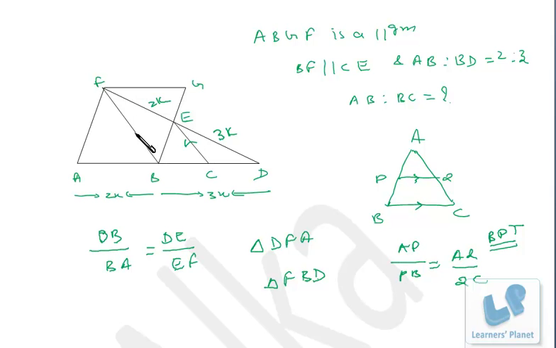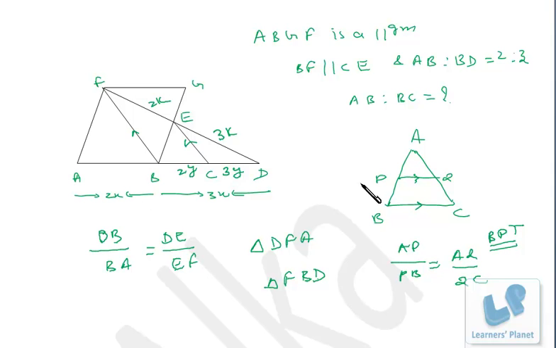This line and this line is parallel. So DE by EF is equal to DC by CB. So DC by CB will also be in the ratio 3:2. Not necessarily k will be the HCF, but DC by CB will be in the ratio 3:2. So I assume this is 3y and this is 2y, right?